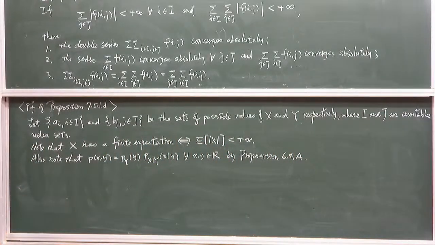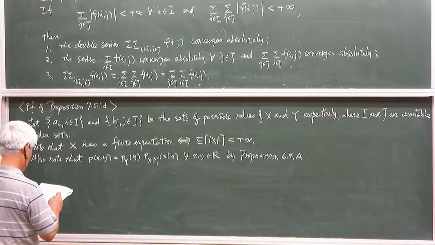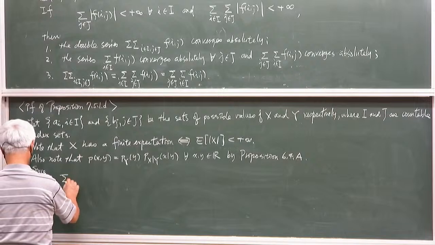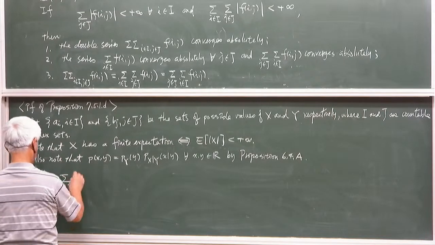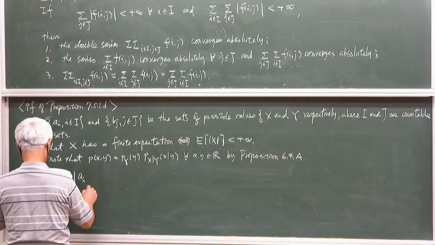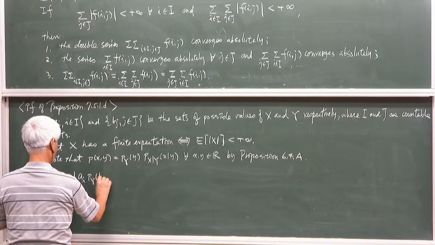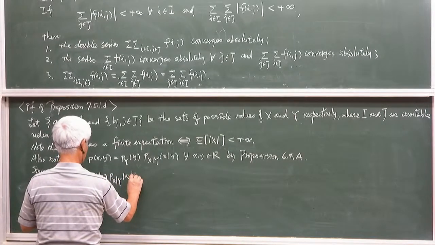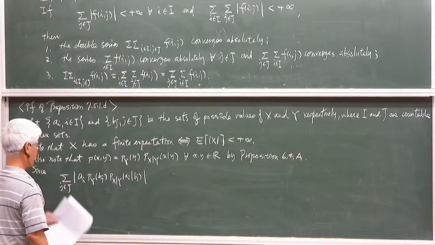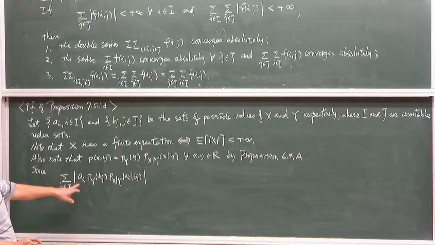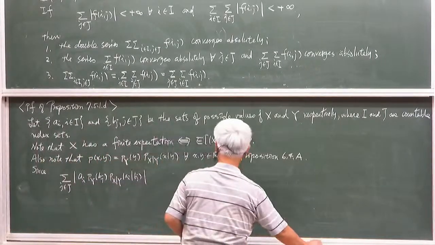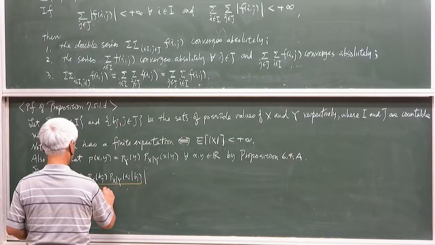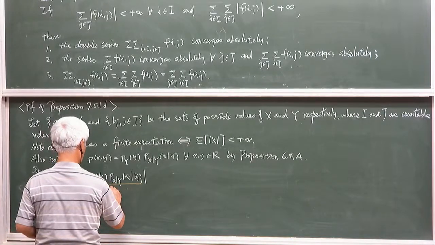So we have this identity. Now we deal with the absolute value of a_i times P_Y(b_j) times P_{X|Y}(a_i given b_j). We define this product to be our f(i,j) in the theorem.